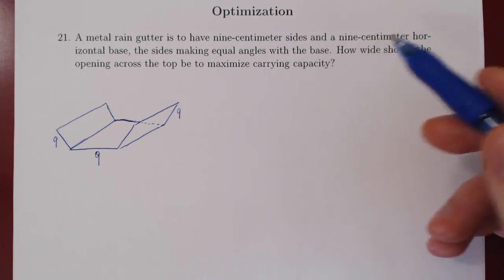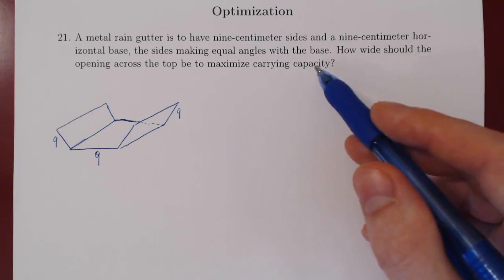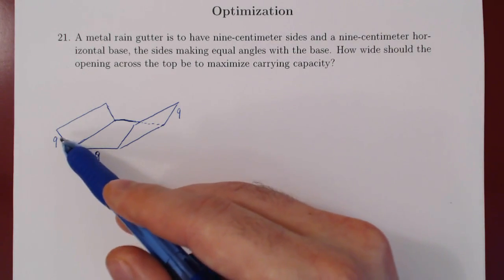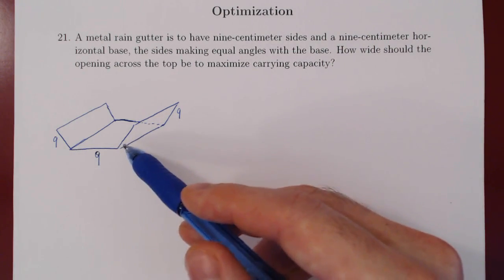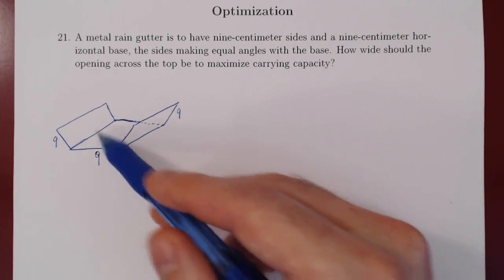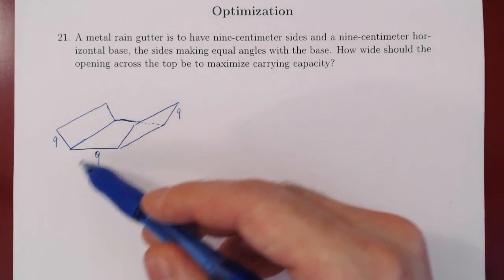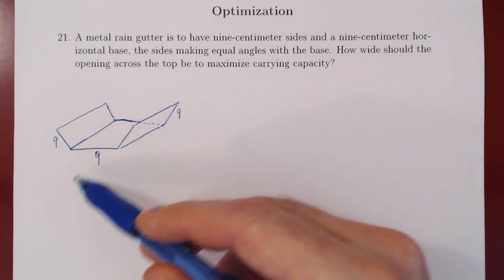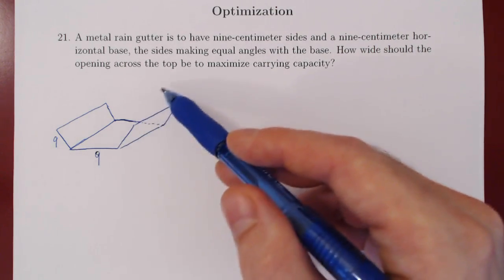And now we're asking, and if you think of it, the question we could have asked ourselves: how will you position the sides? At which angle will you position these sides so that your gutter will be able to allow the maximum flow of water, right?